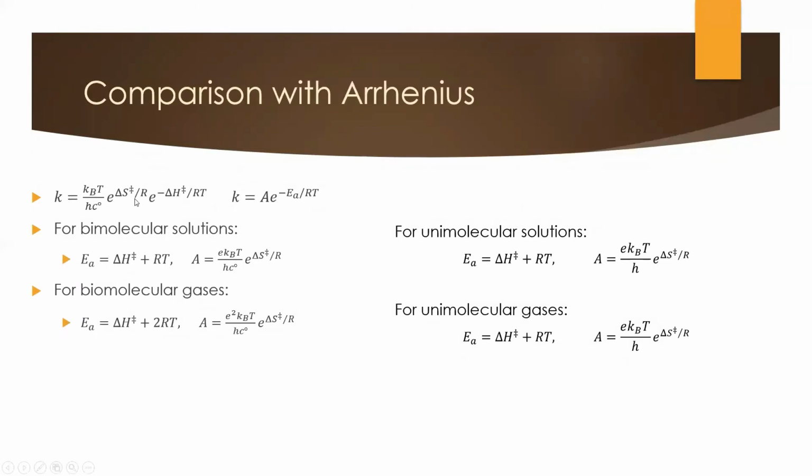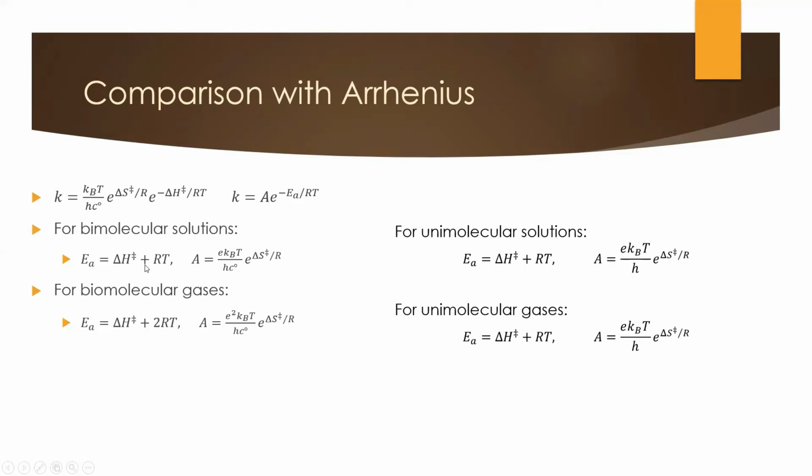So our activated complex theory predicts that K is equal to Boltzmann's constant times the temperature over H times this normalization C. And then we have E raised to the delta S of the transition state, the entropy change of the transition state compared to the reactants, over the gas constant times E to the minus delta H of the transition state over RT.